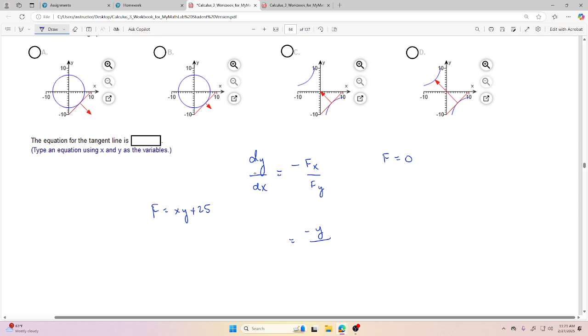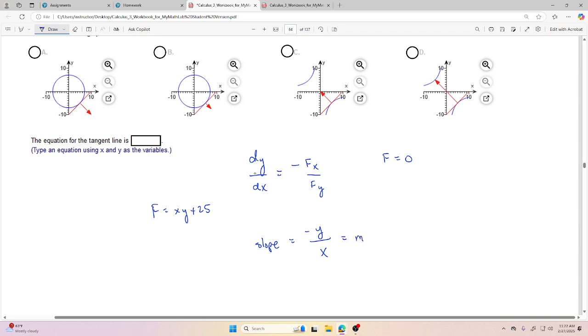And the derivative in terms of y, just x. dy/dx, that reminds me of a slope. We've done this before. Negative y over x. That's my little m.